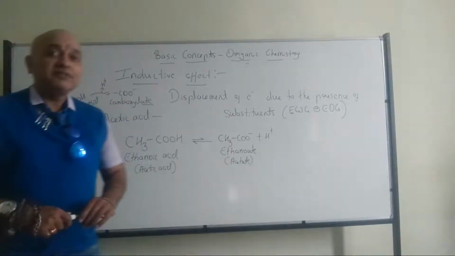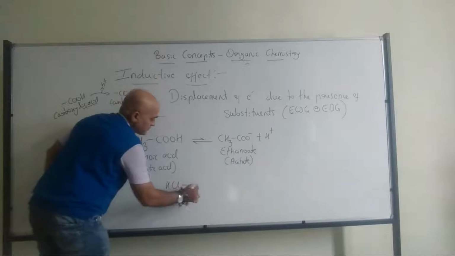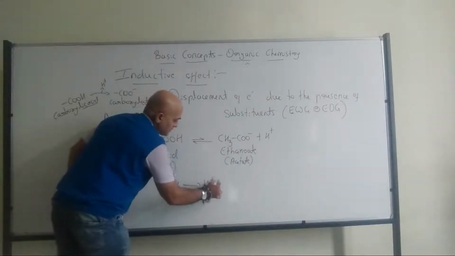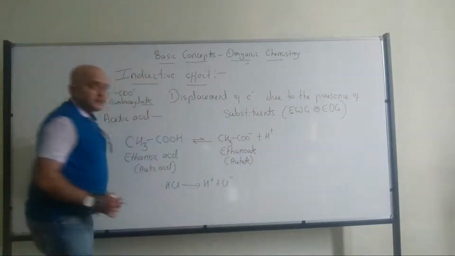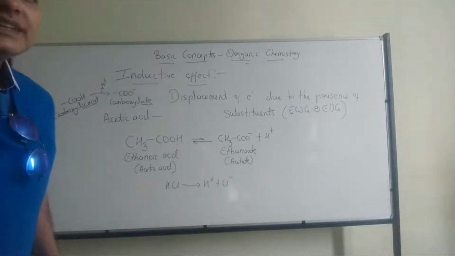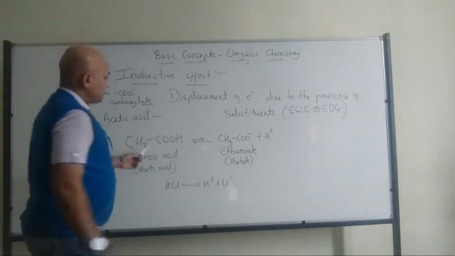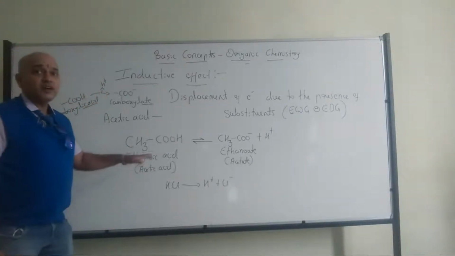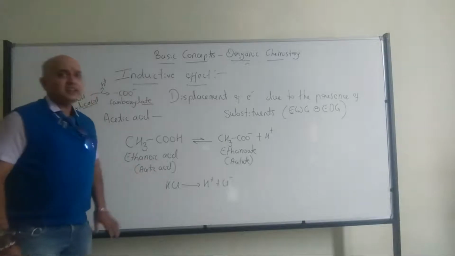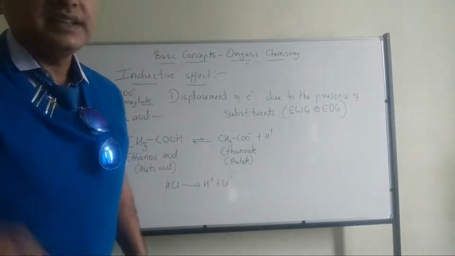Okay, so I will write HCl also here. Now I have written HCl also. Rohan is telling this has a carbon. Yes, of course. This is an organic acid. This is a mineral acid. Cl is not an organic acid. Yes, that is one thing.